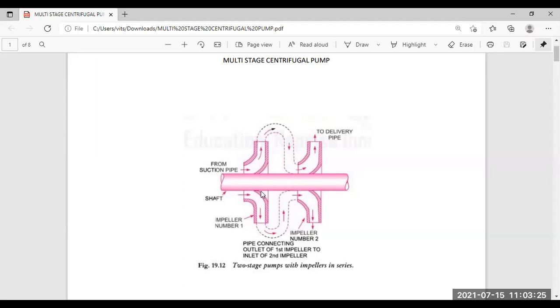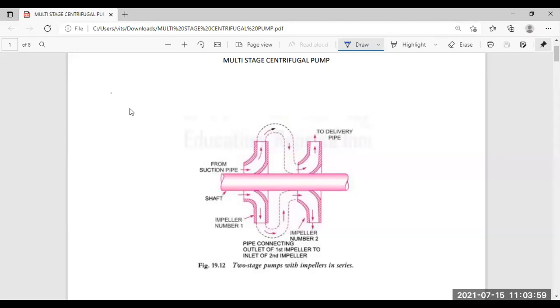A multi-stage pump has two important functions: one is to produce high head, and another is to discharge a large quantity of liquid. This is the main function of a multi-stage pump.